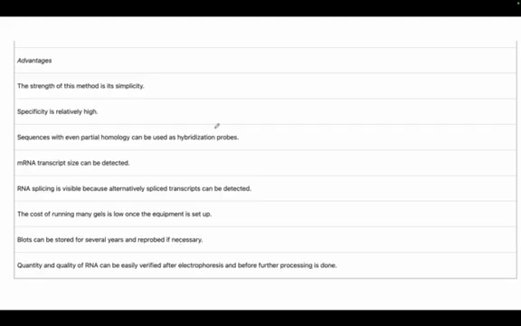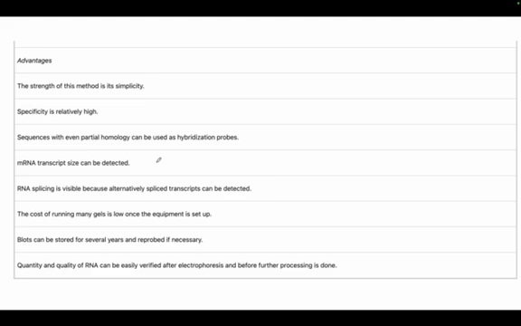So what are the advantages of northern blot? It's relatively simple, with high specificity. It does not need to be 100% homologous to the probe, right? So we can use sequences even with partial homology as a probe. We can detect size of mRNA transcripts. So this can help us look at things like alternate splicing, right?